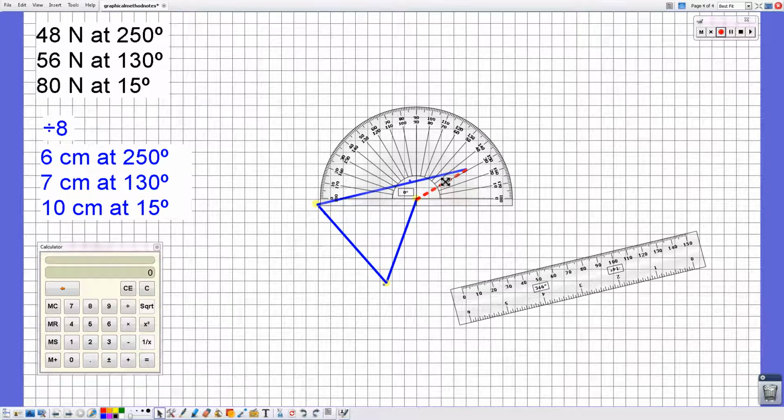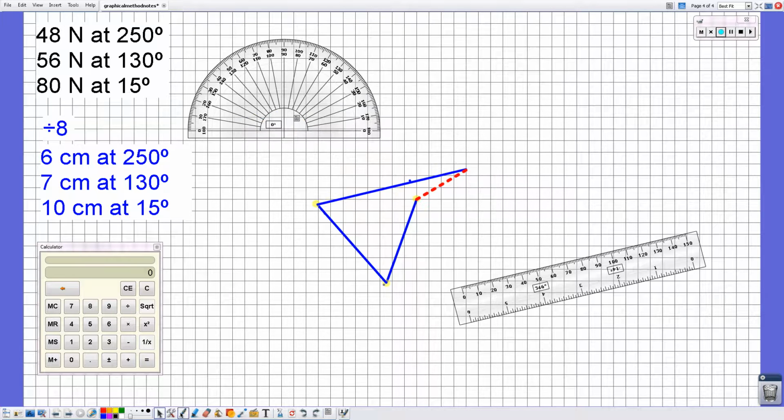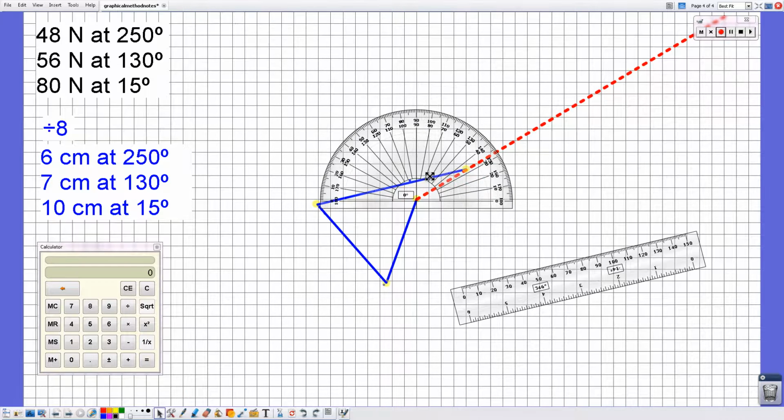Put this back at the beginning. Oh, you know what? That's not long enough for me to read. This is why a good scale is important. I would say the scale is too small. Okay. So what I'm going to do is, when I draw this line, I'm just going to make it extra long. I'm still only going to measure beginning to end, but by drawing it extra long, it'll make it really, really easy to measure the angle.